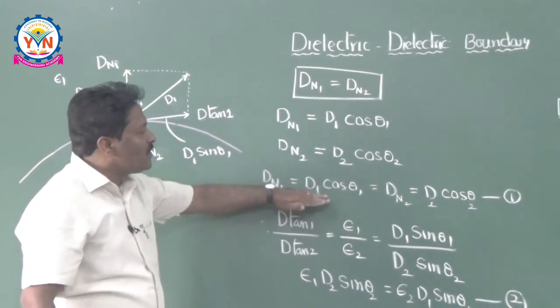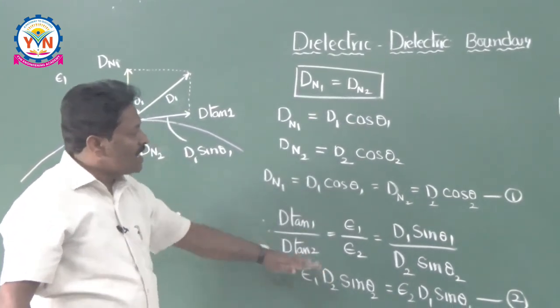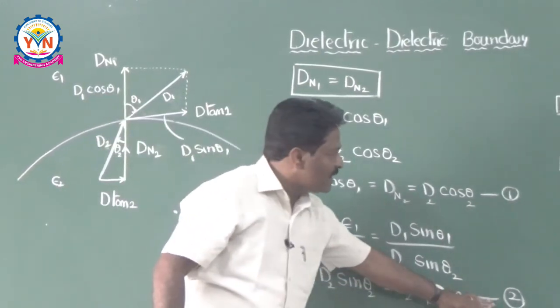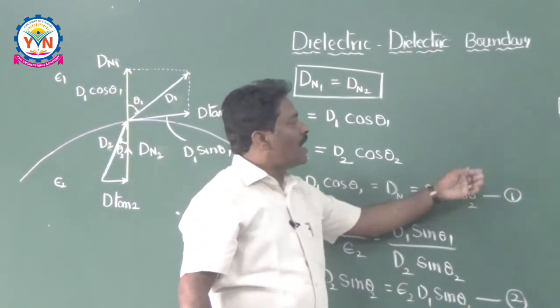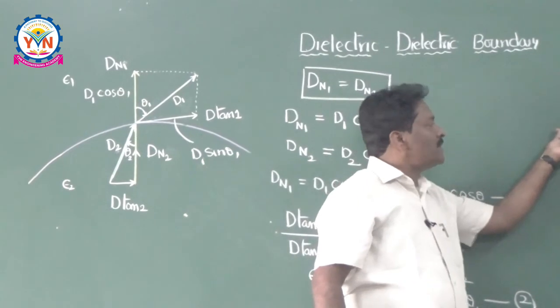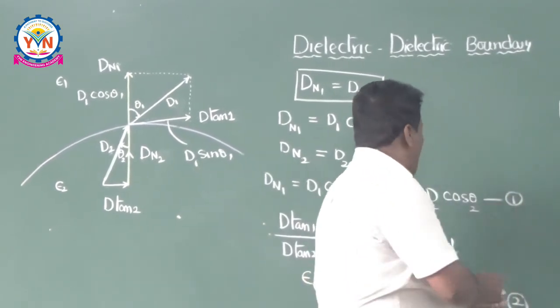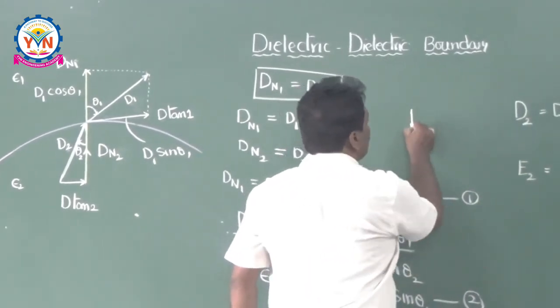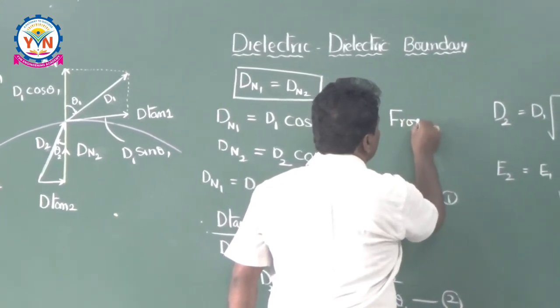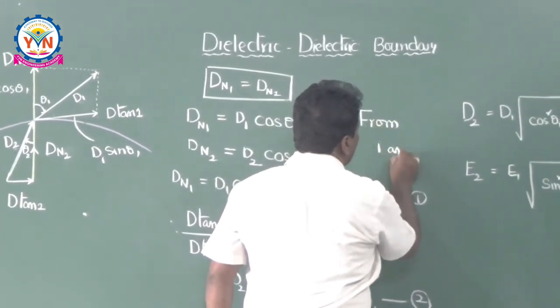So using these equations 1 and 2, just substitute the second equation into the first, and you are going to get d2.